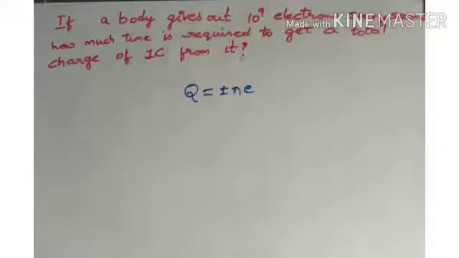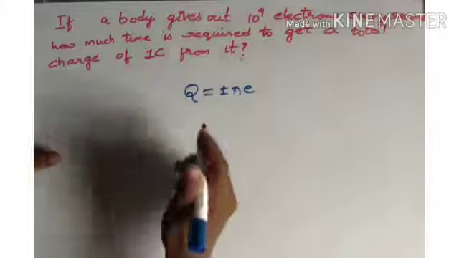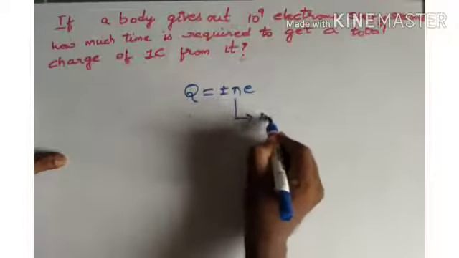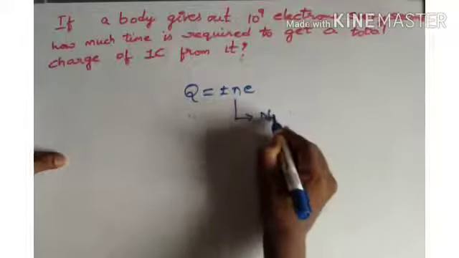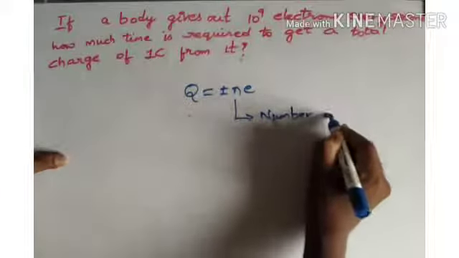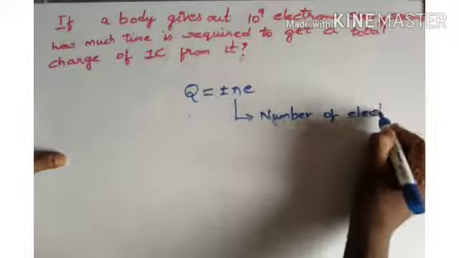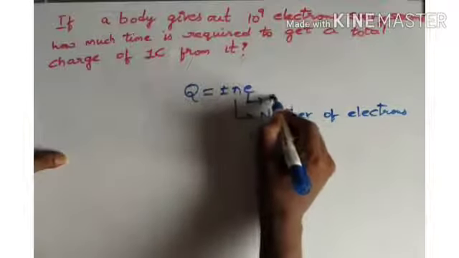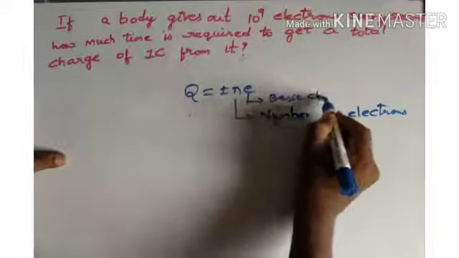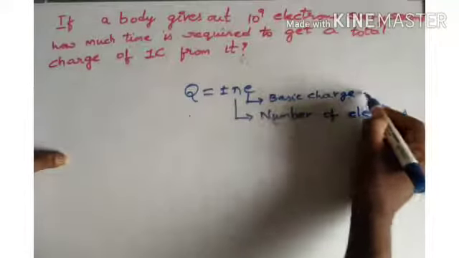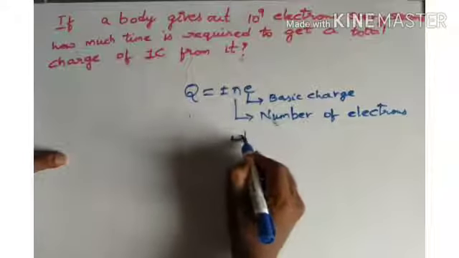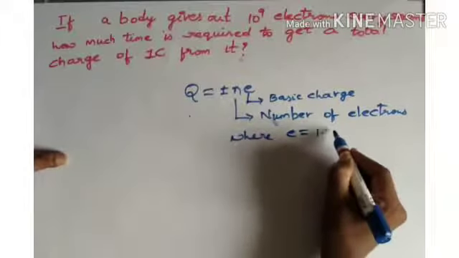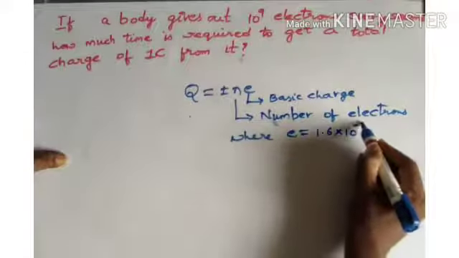This is the formula used for finding the number of electrons present in 1 coulomb of charge, where N stands for the number of electrons, and E stands for the basic unit of charge, or basic charge, whose value is 1.6 into 10 to the power minus 19 coulomb.